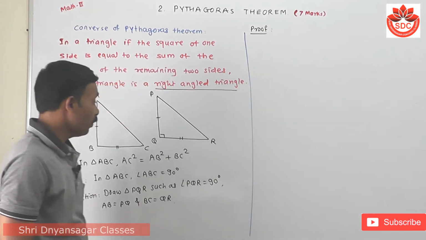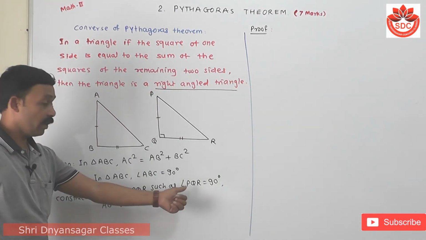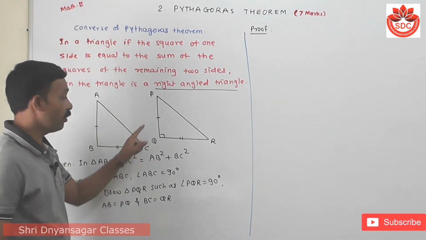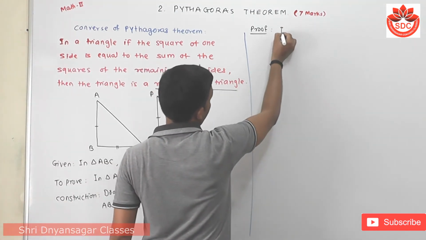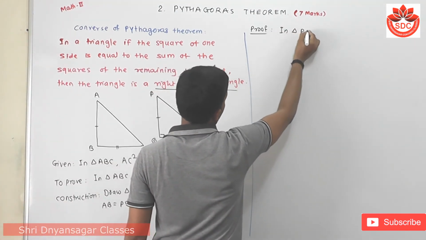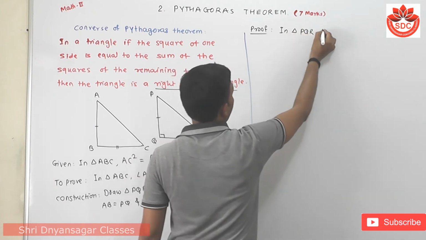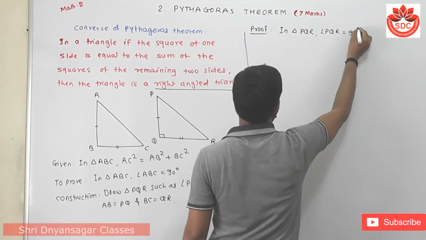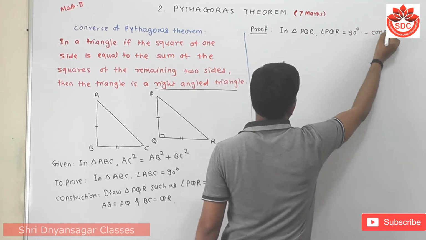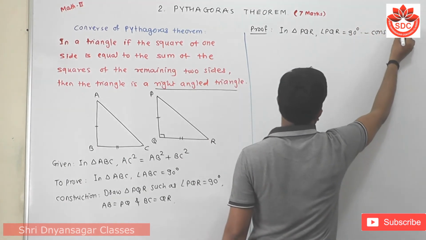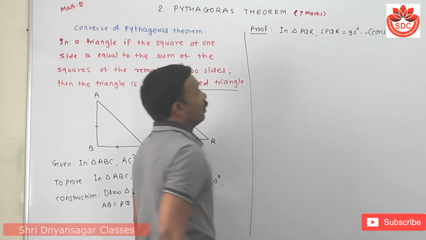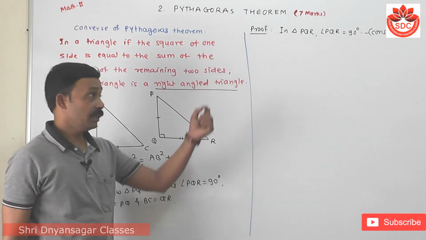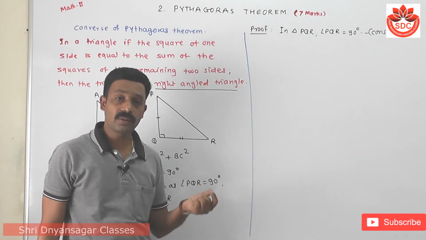Okay. Now the triangle PQR is a right angle triangle, so I start from this triangle. In triangle PQR, angle PQR is equal to 90 degrees, by construction. Since this is a right angle triangle, we use the Pythagoras theorem.